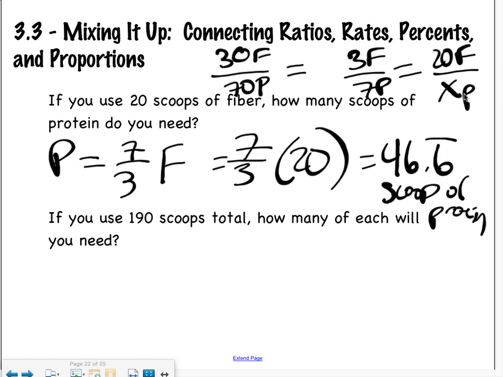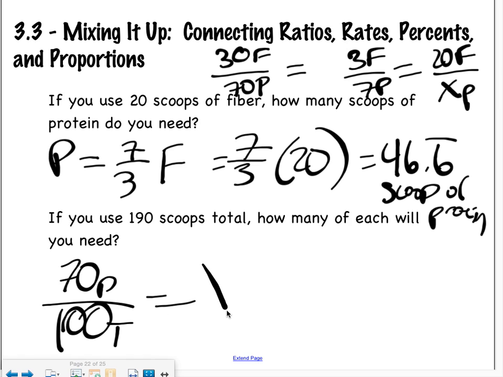All right, so this one at the bottom: if you use 190 scoops total, how many of each will you need? Well, we know that we have 70 protein out of 100 total scoops, because 70% of 100 is 70. So how many protein would we have over 190 total scoops?